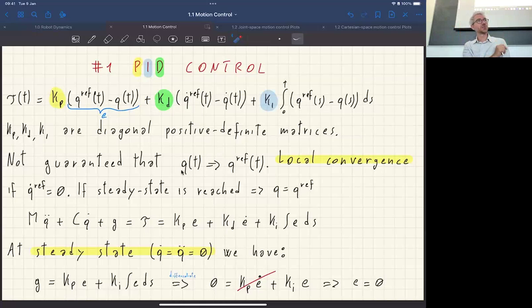It's not a great result. We would like something better, but it's better than nothing. And another thing we can say is that if the system reaches a steady state, so if it stops eventually, then it can only stop if you have reached qref.